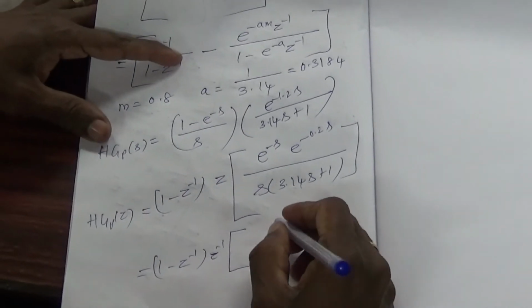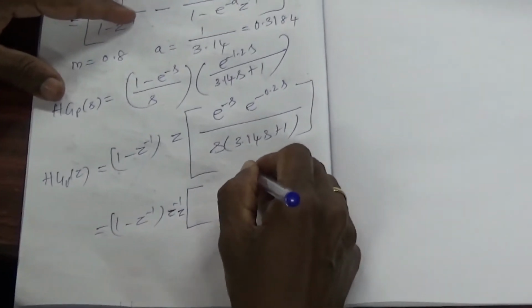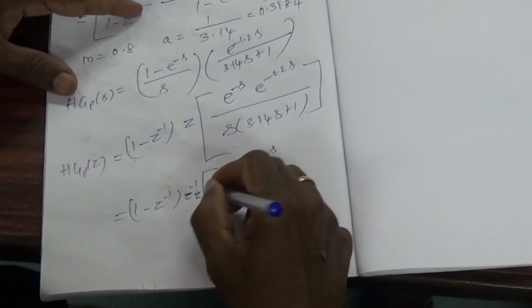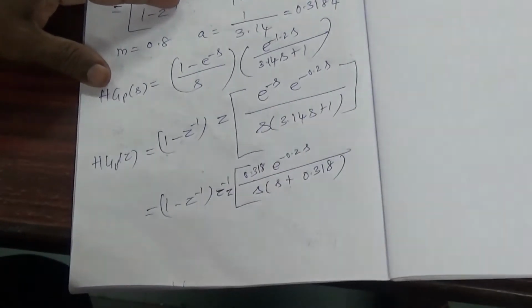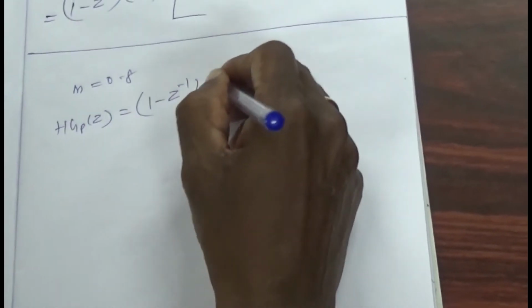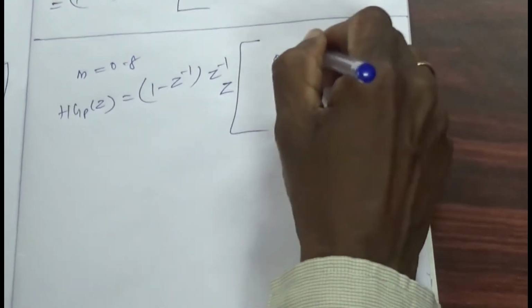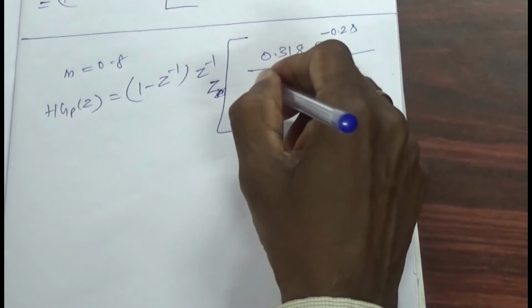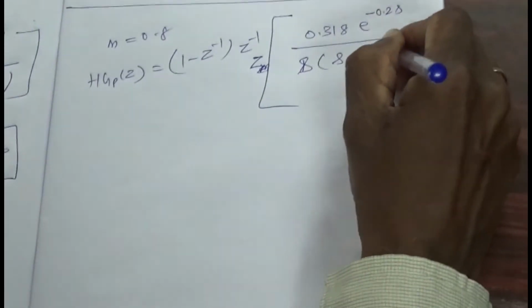So 1 by 3.14 is 0.318, and G p of z equals 1 minus z power minus 1, z power minus 1, times the modified z transform of 0.318 e power minus 0.2 s upon s multiplied by s plus 0.318.